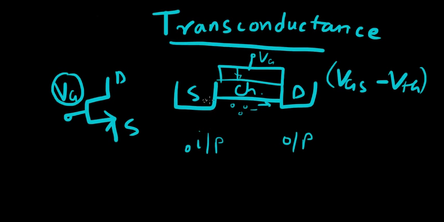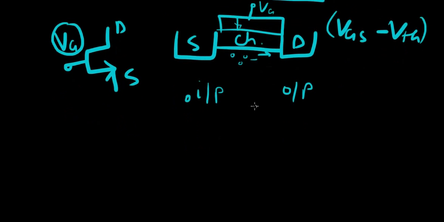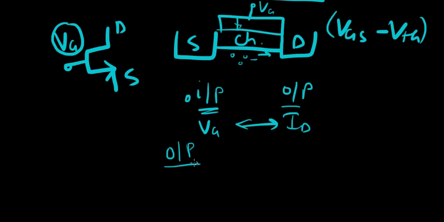Now that we know in a MOSFET the input is the gate voltage and the output is a drain current, you would also like to know how much output is obtained for a given input, correct? What is this output over input ratio called? It's called efficiency of any device, of anything in the universe.